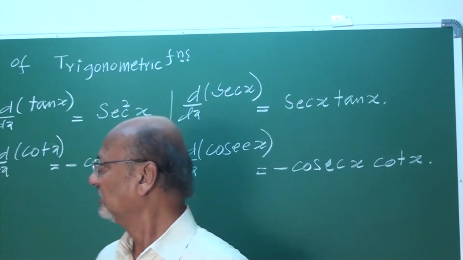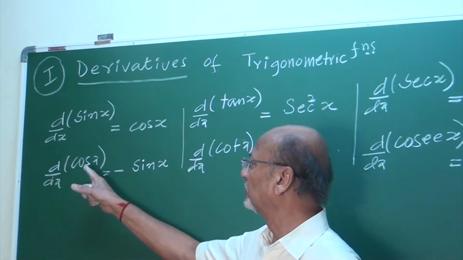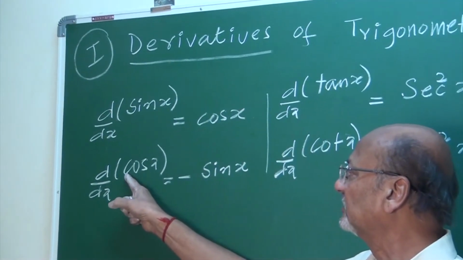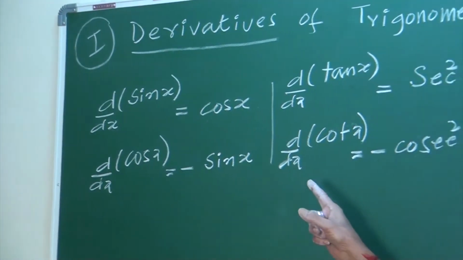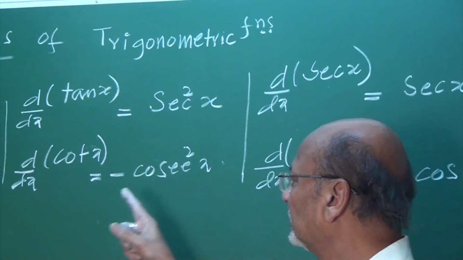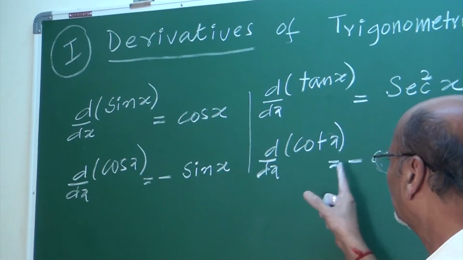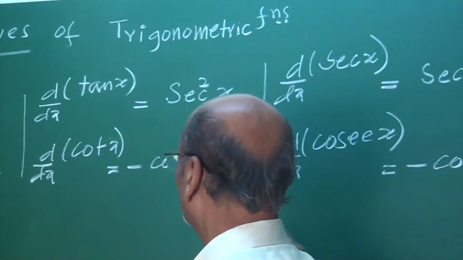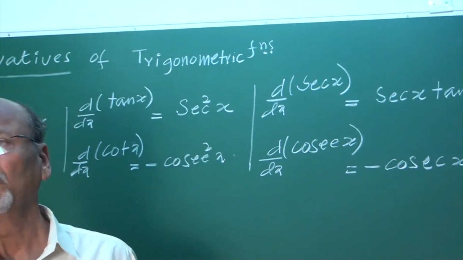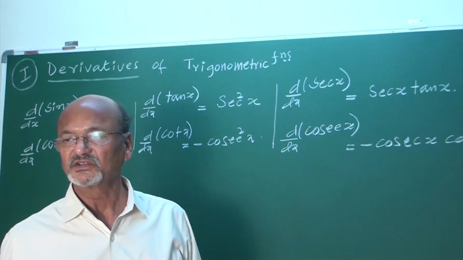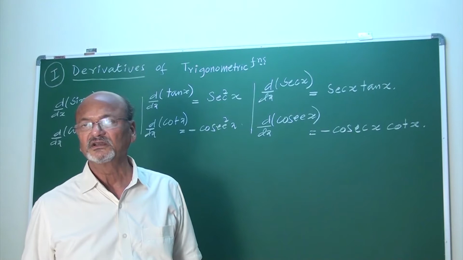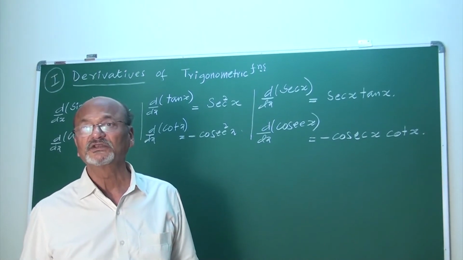The derivative of a trigonometric ratio that starts with the letter C has a negative sign.